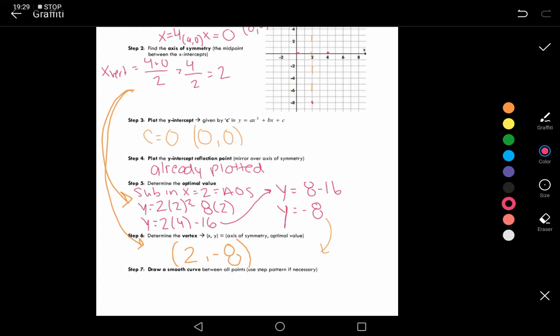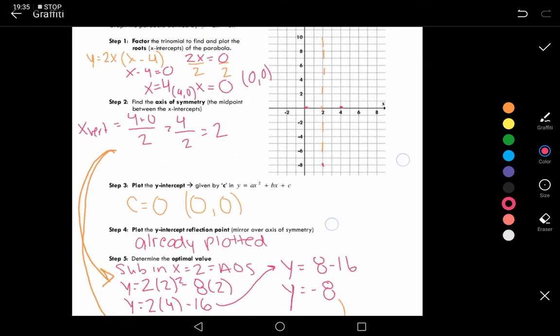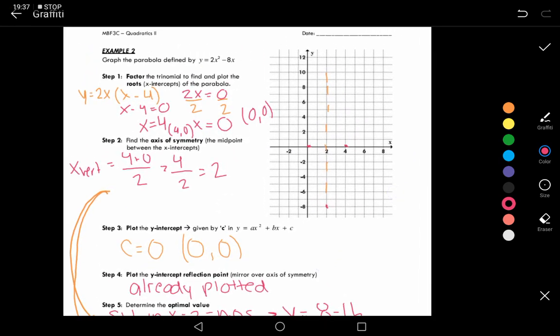Okay, last step, draw a smooth curve between all points. Use the step pattern if necessary. So for this one, I only actually have 3 points here, right? So for accuracy, I'm going to want to find a couple more. And in order to do that, I'm going to use my step pattern. So remember how I said the a value in standard form is the same as the a value in vertex form.